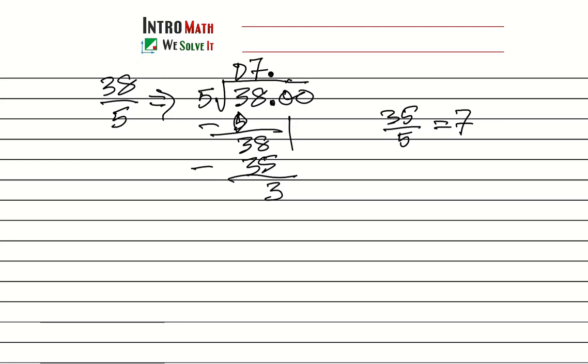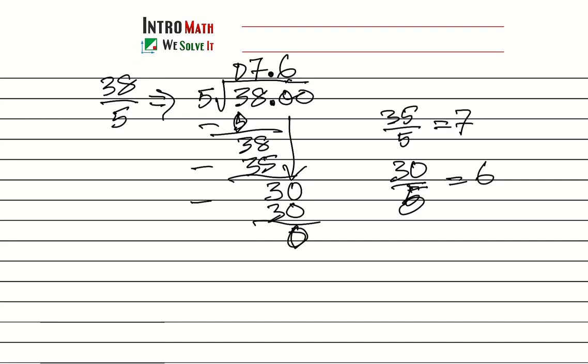And we'll bring 0 down. Put it here, gives us 30. 5 going into 30, I think it's 6 times, right? Yeah, 6 times. We'll put 6 here. And then 6 times 5 is 30. We'll subtract, it's 0, right?